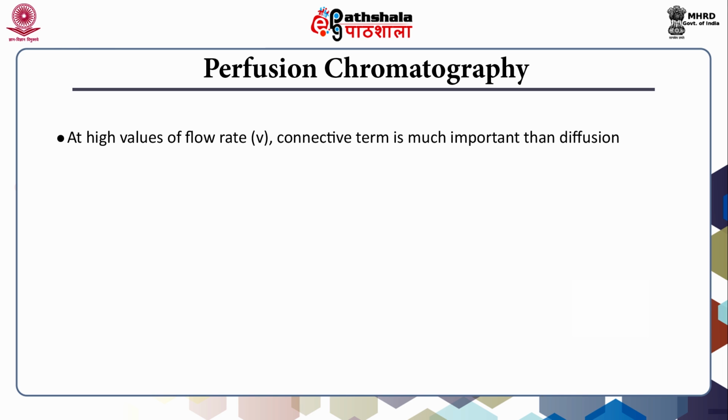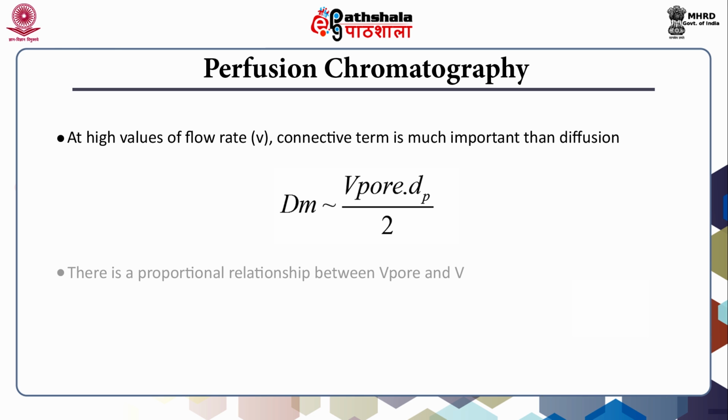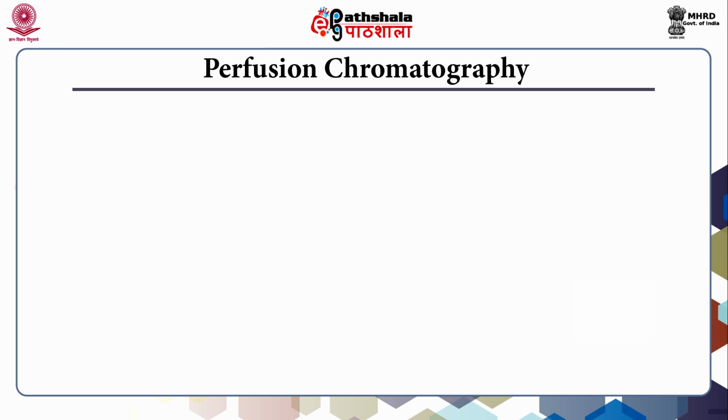Then the diffusion coefficient of the mobile phase is approximately equal to the convective term, which is V pore multiplied by dP by 2. There is a proportional relationship between V pore and V, the flow rate. So, V pore equals a particular constant multiplied by the flow rate of the mobile phase. In the next slide we will see further mathematical expressions by substituting Dm with the constant multiplied by flow rate multiplied by dP.